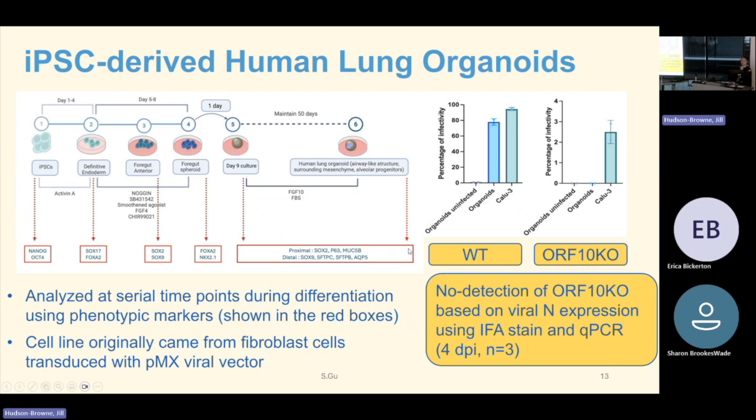After 2 months of growth, it will form spherical airway-like structures, and we infected those organoids for 4 days. The final replication of SARS-CoV-2 was assessed based on viral nucleocapsid protein expression using immunofluorescence staining or qPCR results. As expected, the wild type replicates as normal, but we can't detect any knockout virus replication in those organoids, which is consistent with the animal study.